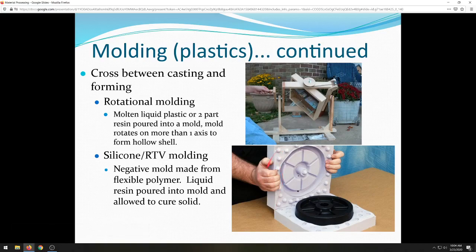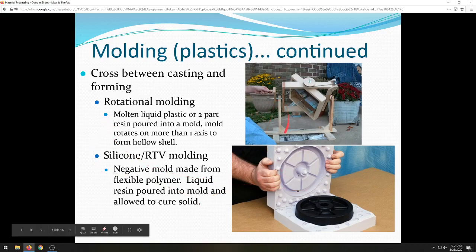You make a two-part mold or three-part or whatever, and then you take your two-part resin and pour that in there, fill it up, and then close the mold shut. Or sometimes you just have an opening in the mold. It depends on what you're looking for. And then you get a finished product after a certain amount of curing time.